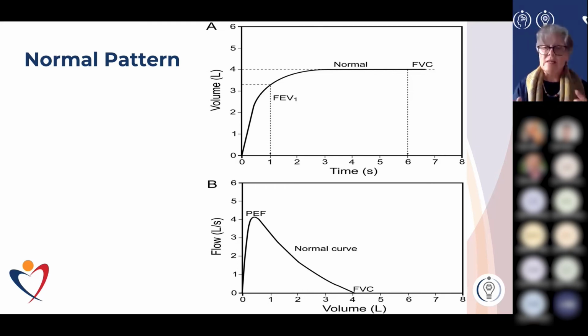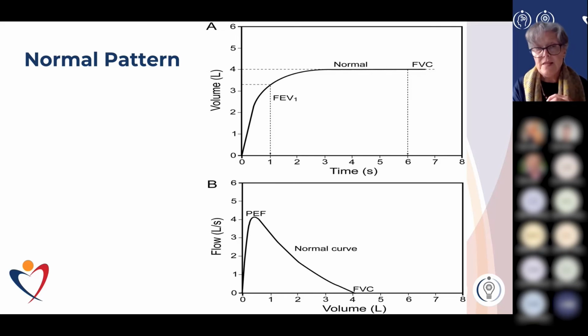So the ratio is how much of that total forced blow came out in that first second. And GOLD have adopted and continued to adopt the fixed ratio. So if it's less than 70% of air comes out in that first second, then the ratio is down, so something is obstructing the air.